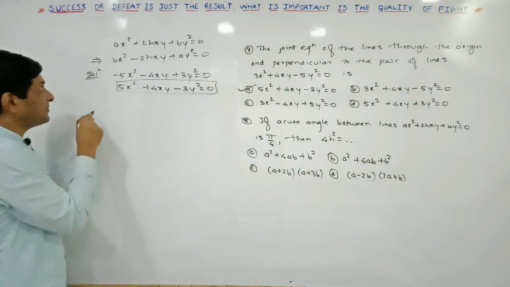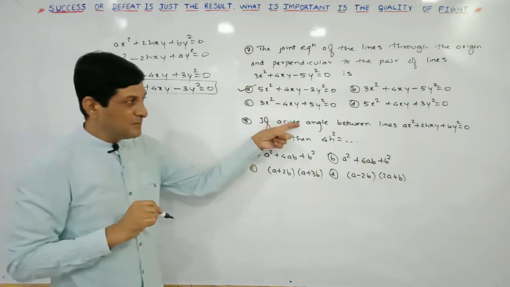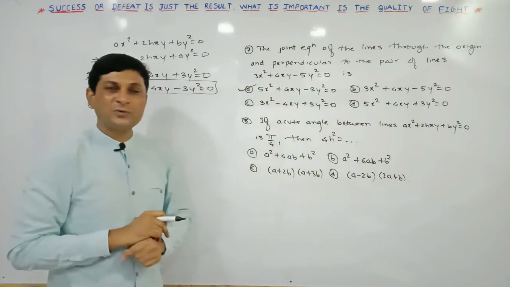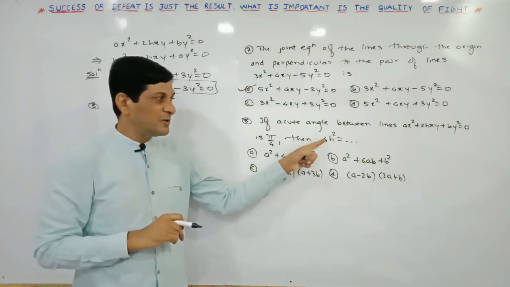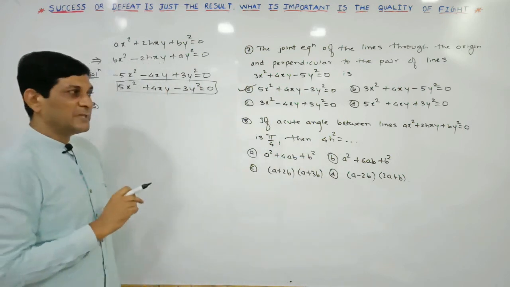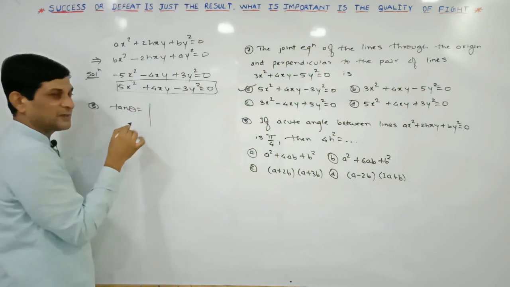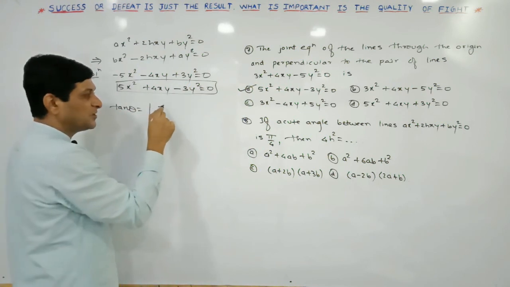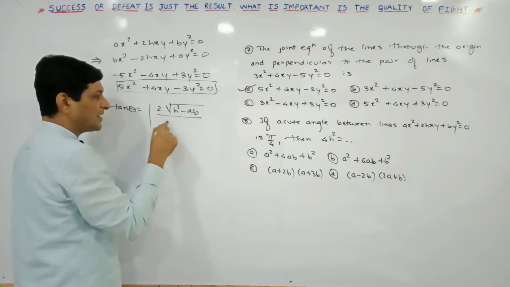Later on, see example number 8. In this example, the acute angle between the lines represented by this homogeneous equation is pi by 4. Using this, we have to find the value of 4h square. So we know that if theta is the angle between the lines represented by a homogeneous equation, at that time tan theta is equal to mod of 2 under root h square minus ab upon a plus b.